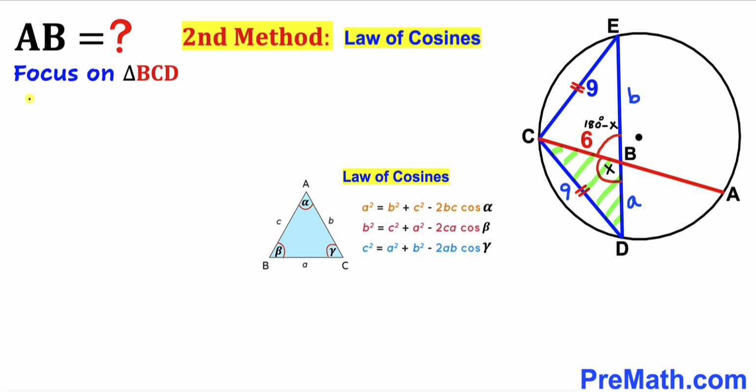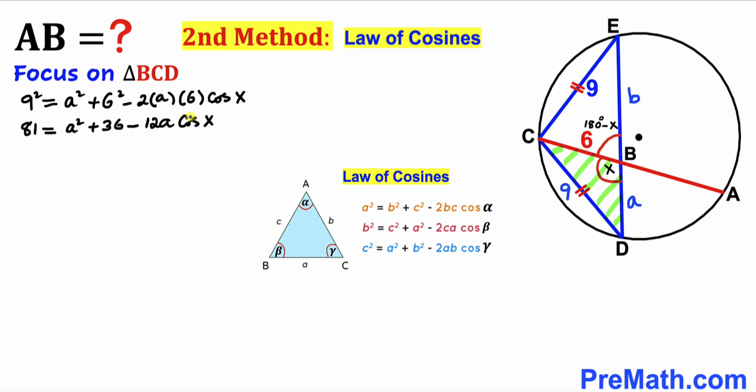So therefore, we can write 9 squared equal to a squared plus 6 squared minus 2 times a times 6 times cosine of our angle X. Let me go ahead and move this negative 12a cosine of X to the other side, and I'm going to move this 81 to the opposite side as well.